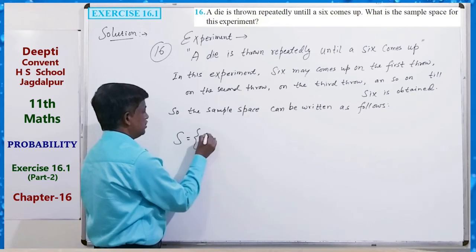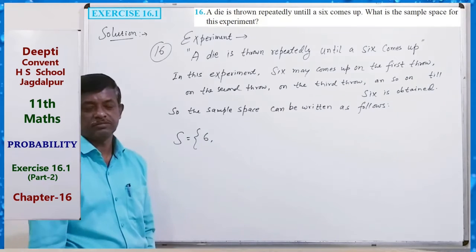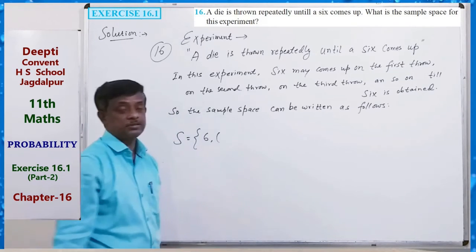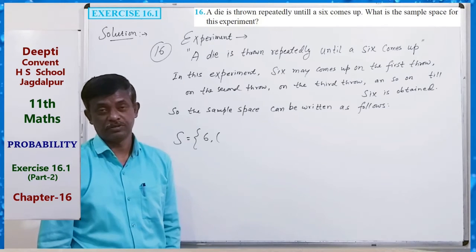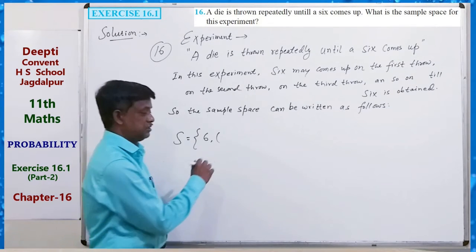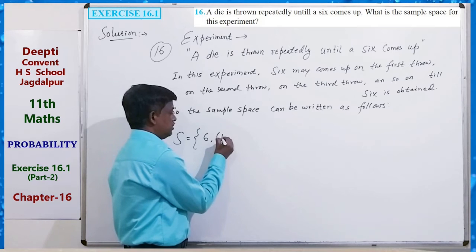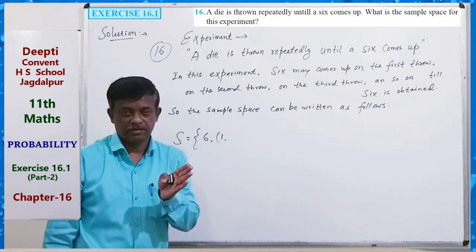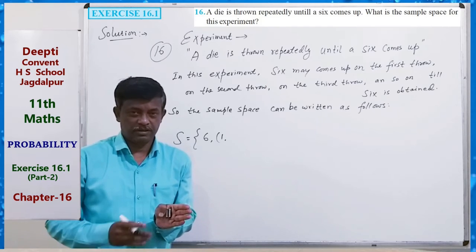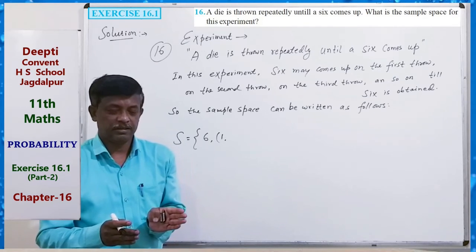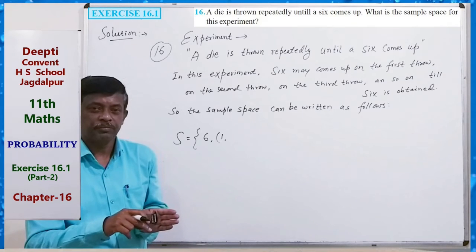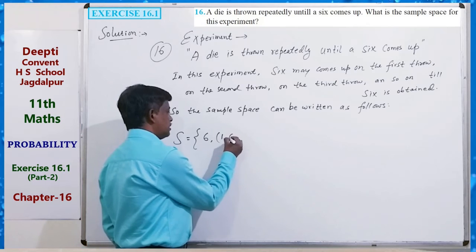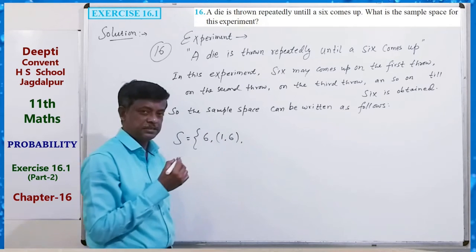If 6 comes, then we finish in the first attempt. And if 6 does not come in the first throw, then if 1 comes in the first attempt, then in the second may come 6, finish.